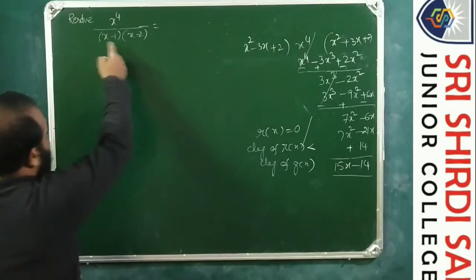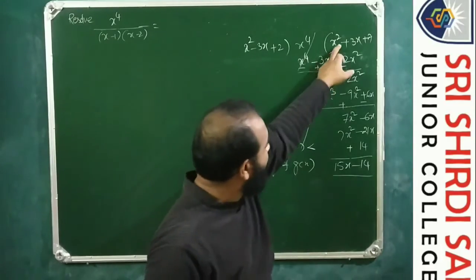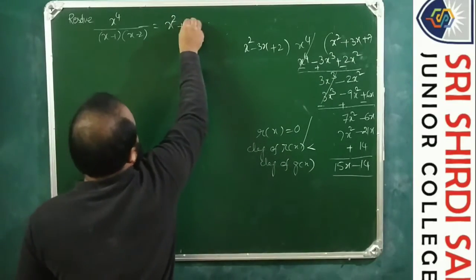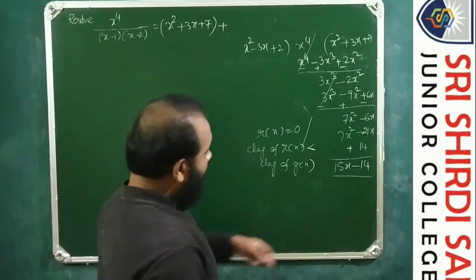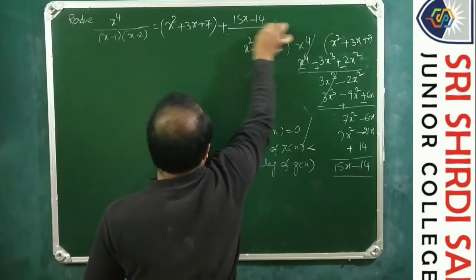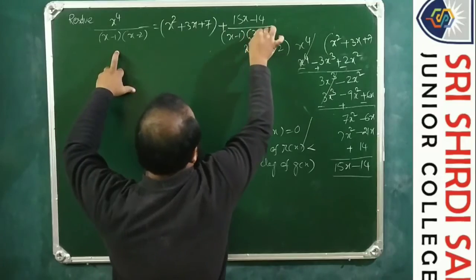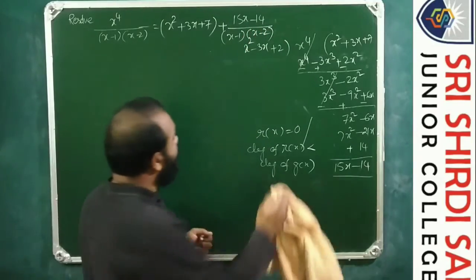Now this is equal to, according to the division algorithm, the quotient x square plus 3x plus 7 plus the remainder 15x minus 14 by x minus 1 into x minus 2. So this is what we get.